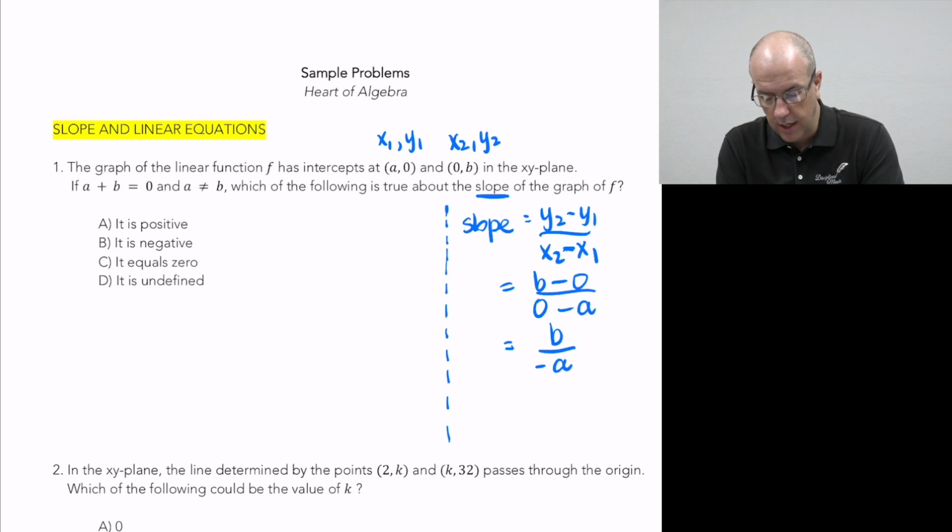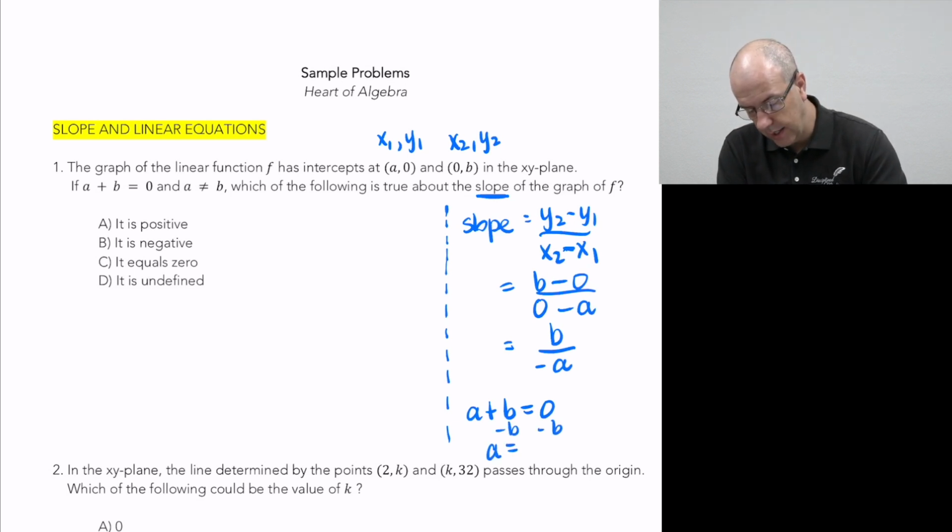And now, I don't know what this is yet because I don't know the relationship between a and b, so I have to scan the question, and I find out that a plus b is equal to 0, right? So if I solve this, I get a is equal to negative b.